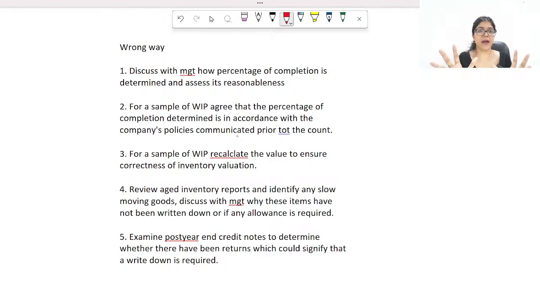Before and during is combined in this. What is the problem in this substantive procedure? Quickly let me know, then we'll do the answers also.